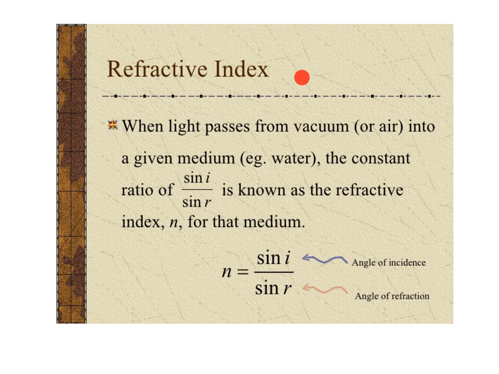What is refractive index? When light passes from vacuum or air into a given medium, for example water, the constant ratio of sin I upon sin R is known as the refractive index n for that medium. Therefore, n is equal to sin I upon sin R. What is I? I is the angle of incidence.